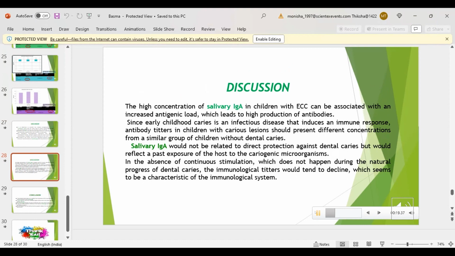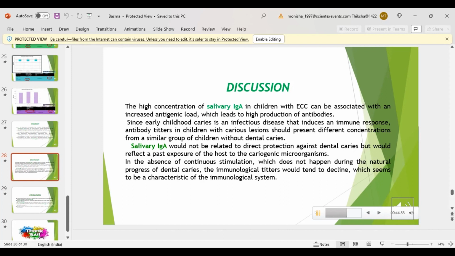Since early childhood caries is a disease that includes an immunological response, antibody titers in children with carious lesions should present different concentrations from a similar group of children without dental caries.